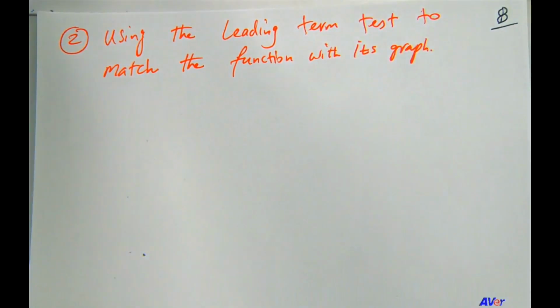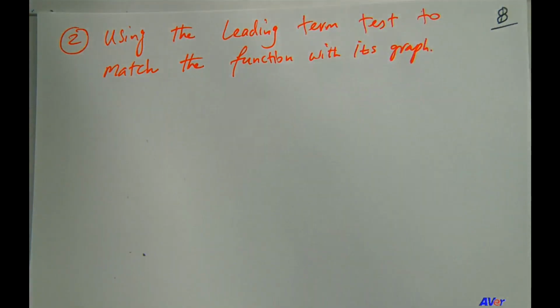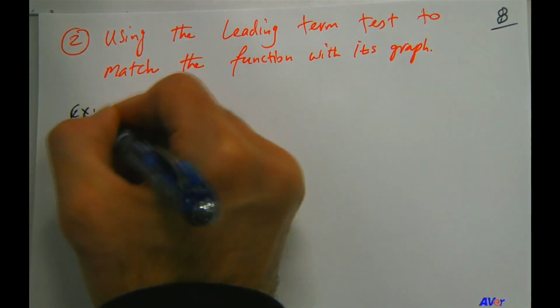Okay? So how does this work? Pretty much based on the same principle, but this time we're not matching the end points, we're matching the entire graph. Okay? But it's based on the same principle. So let's see some examples right away, right?